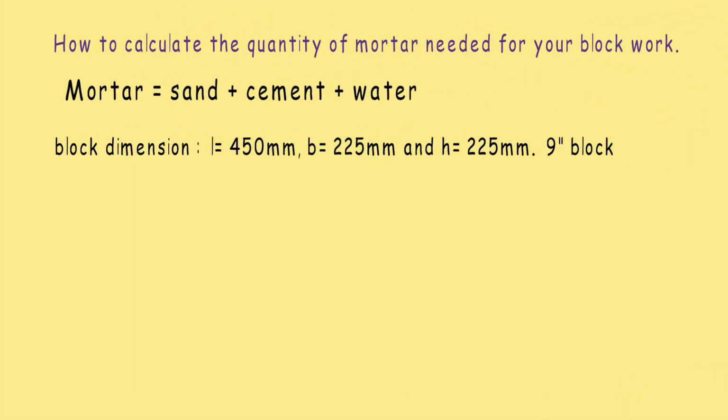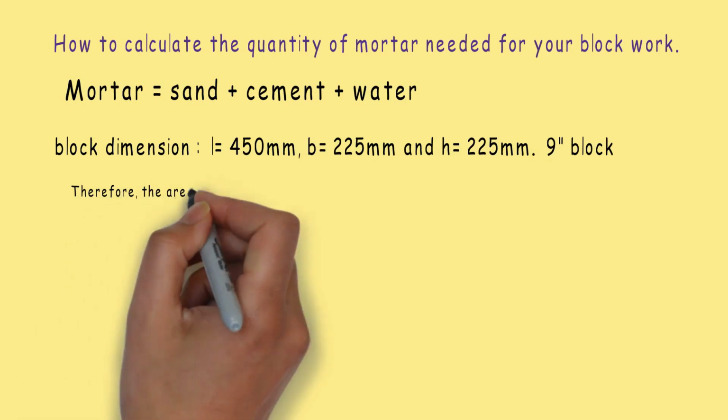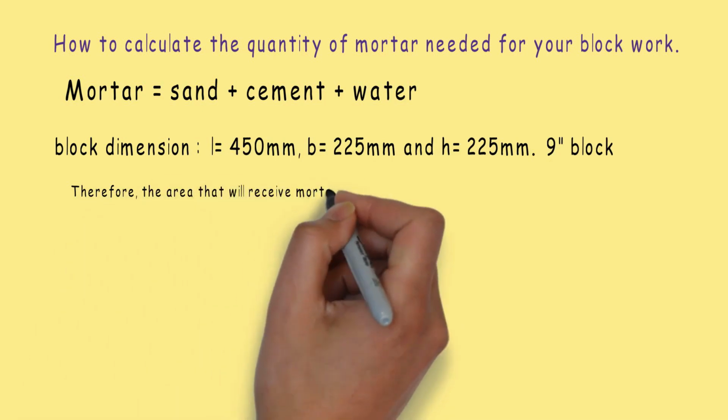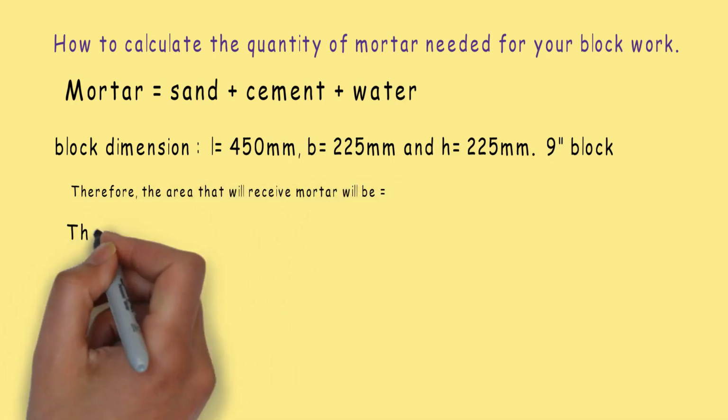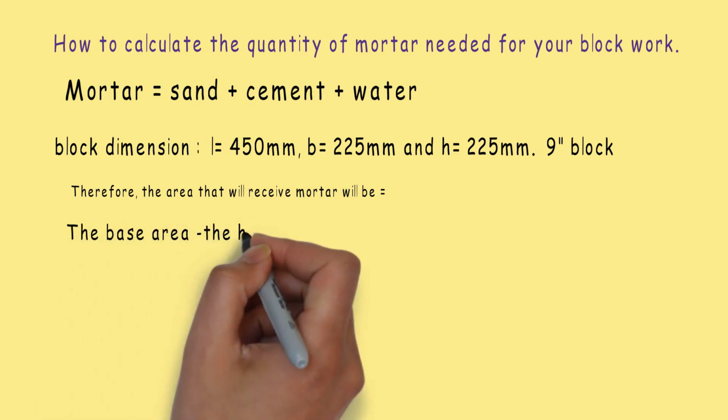We'll calculate the area at the base of the hollow block wall that will receive mortar. This mortar below the block is also known as bed, but for the sake of clarity and calculation, we will call it horizontal mortar. Therefore, the area at the base of the block will be the base area minus the hollow area.